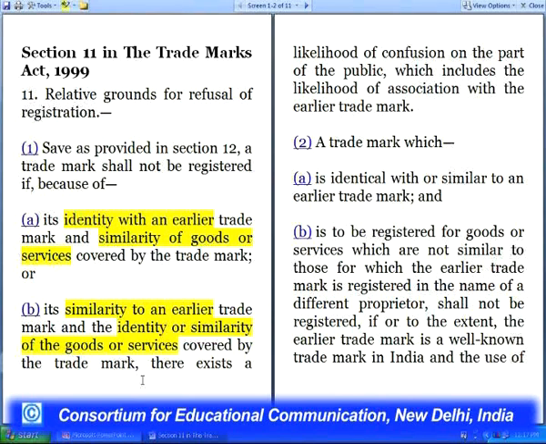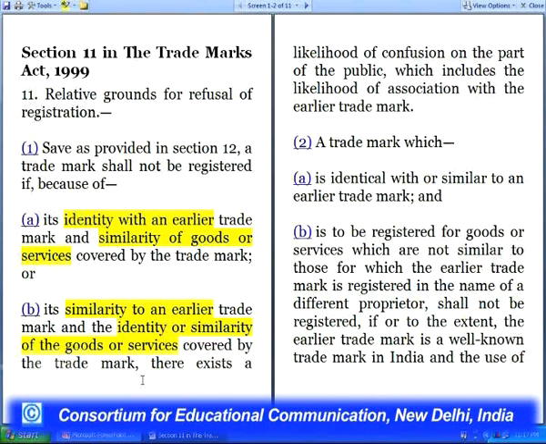I have not dealt with the language of 11.2, but 11.2 in a nutshell talks about use of an identical or similar trademark on dissimilar goods. So one is a case of use of an identical or similar trademark on similar goods, another is a case of use of an identical or similar trademark on dissimilar goods. What is the bottom line to be understood?